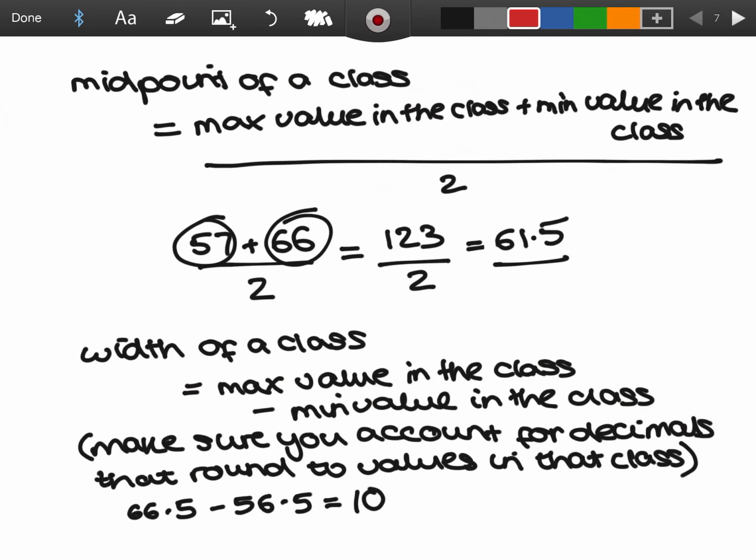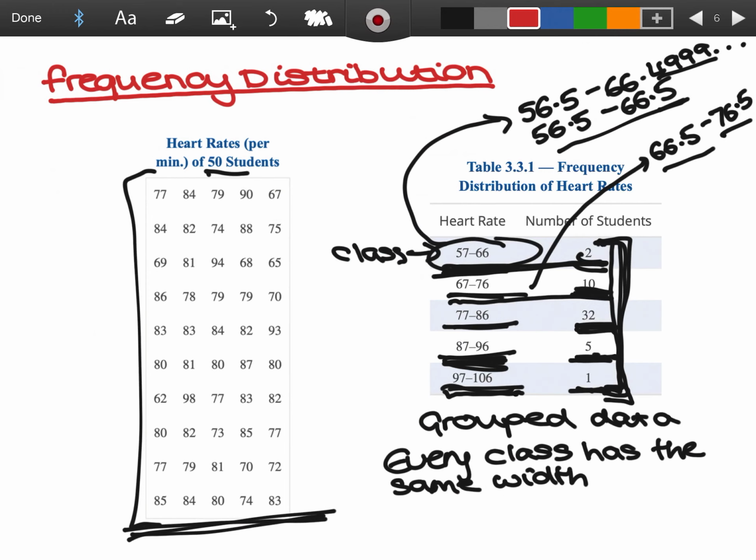And the relative frequency is the proportion of people that fall into that particular class, okay? So in this case, you just take the frequency of each one of the classes and divide it by the total number of people that were surveyed or observed, okay?